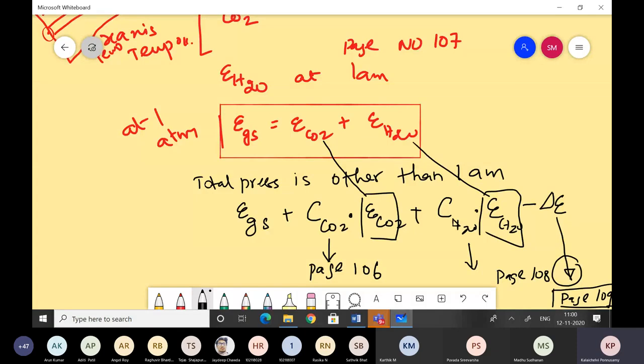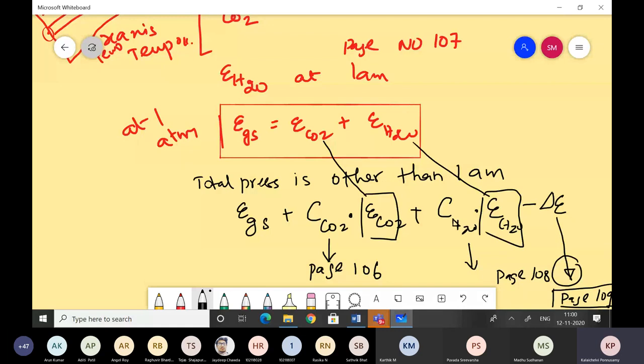Both these emissivities and the correction factors are available in the form of charts in the data book. And when you have mixtures, we always remember to subtract the overlapping factor, which is delta emissivity, also available in the form of a chart.